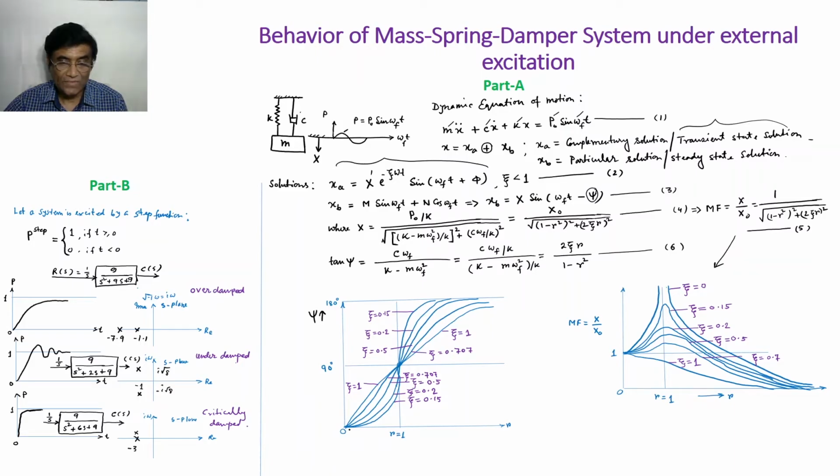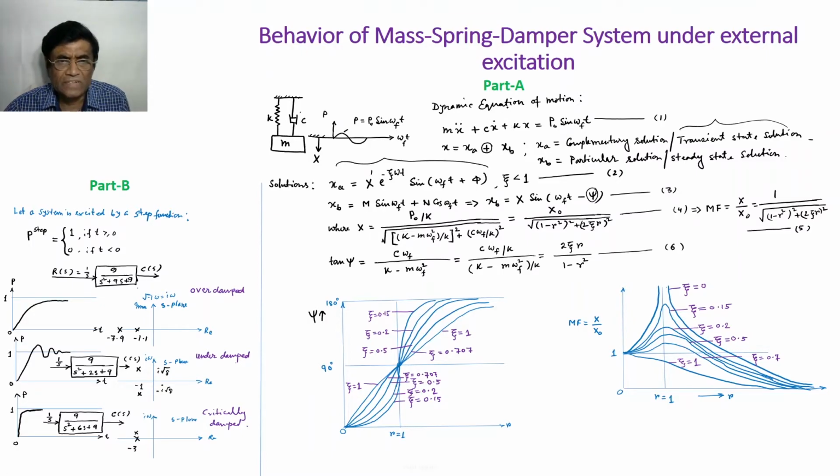Interesting curve. This is for the critically damped situation, and these are for underdamped situations. You will come across these characteristics in many control and second order system analyses, right?